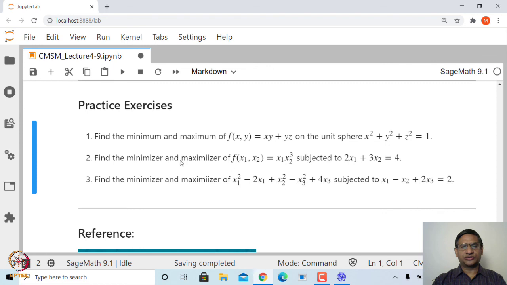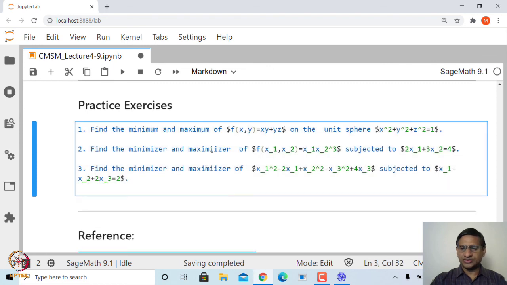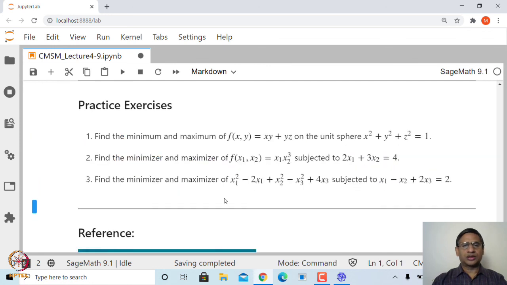The second one is to find the minimizer or maximizer of f, which is x1 into x2 square, subject to this constraint. The third one is a function in 3 variables, right. Try to solve them, and of course, also try to plot the graph to get a geometric idea.